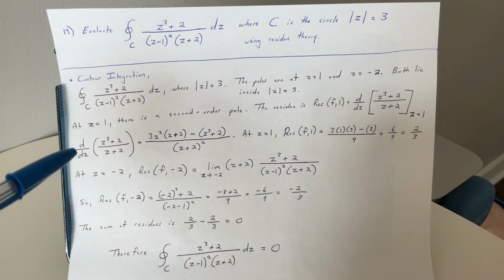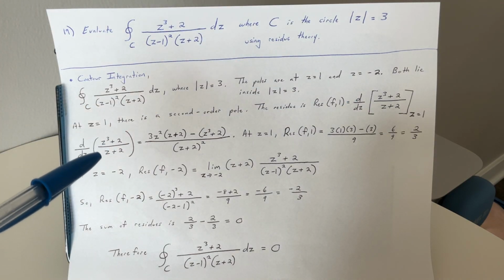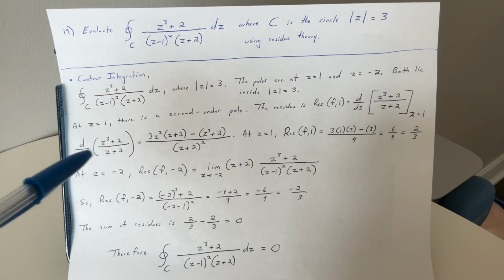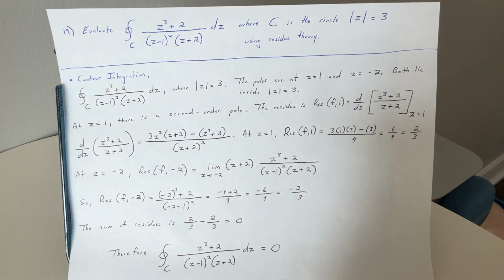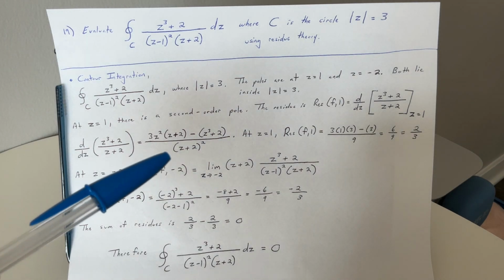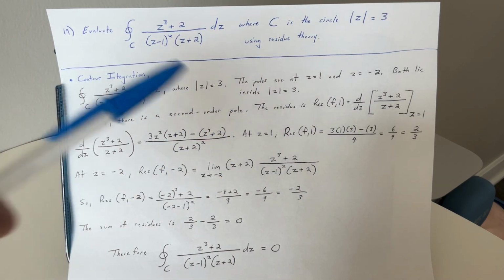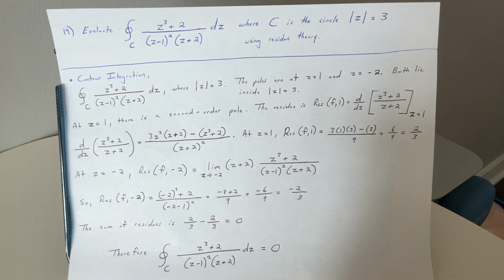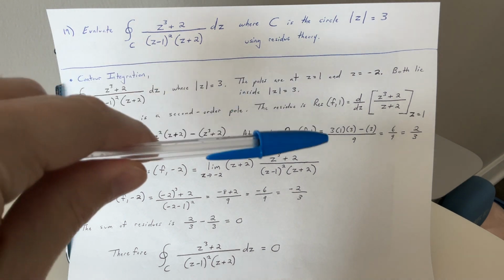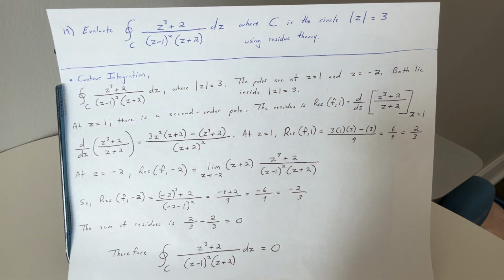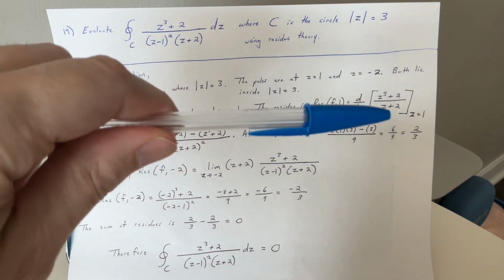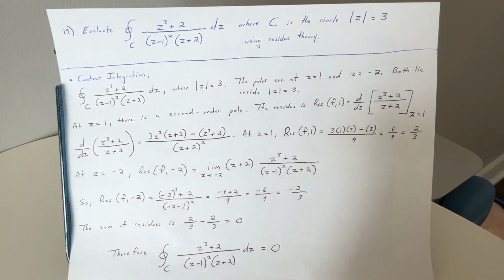Using the quotient rule here: numerator 3z squared times the quantity (Z plus 2) minus quantity (Z cubed plus 2), over quantity (Z plus 2) squared. And at Z equals 1, our residue of F at 1 equals 3 times 1 times 3 minus 3 over 9, 6 divided by 9 equals 2/3.